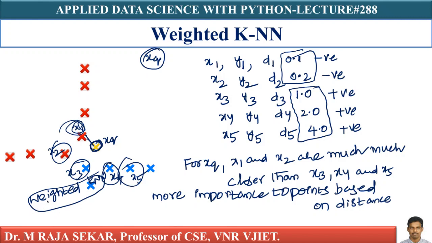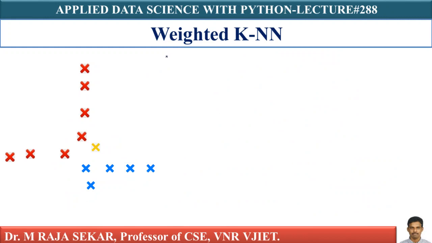Let me draw it again. Let me say this is my query point xq. For my xq, what are the neighbors? x1, x2, x3, x4, x5 are neighbors. What is the label for x1?